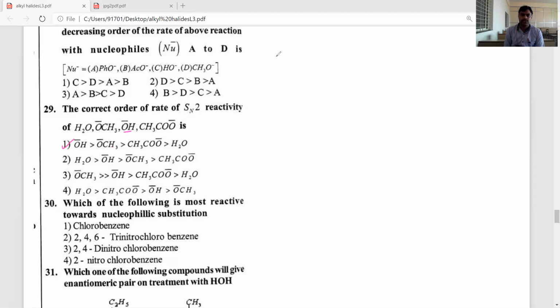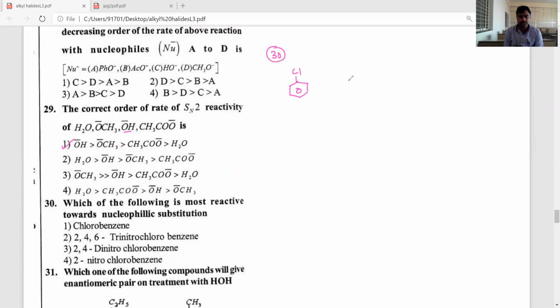Next, the 30th question. Which of the following is more reactive towards nucleophilic substitution reaction? The first one is chlorobenzene.